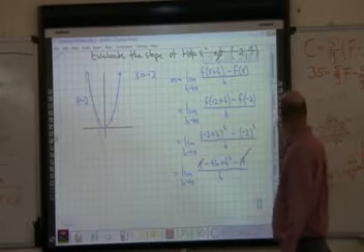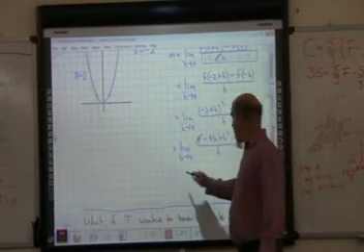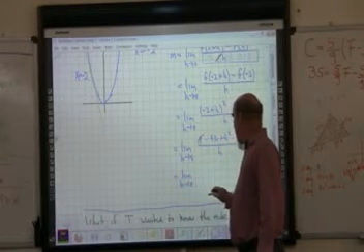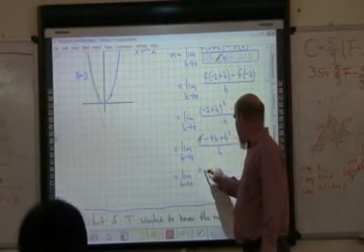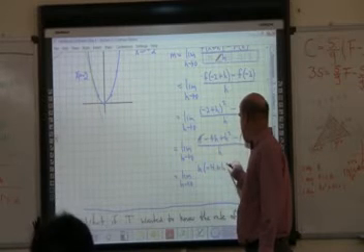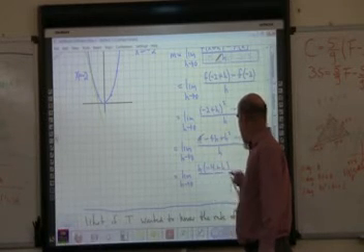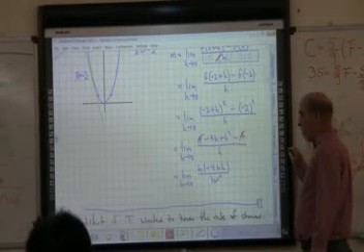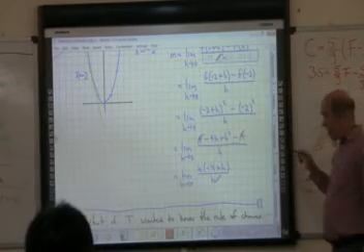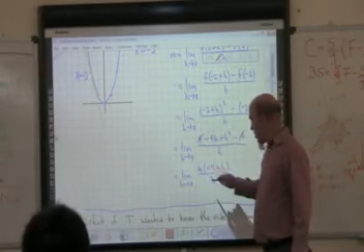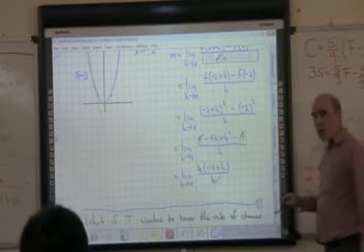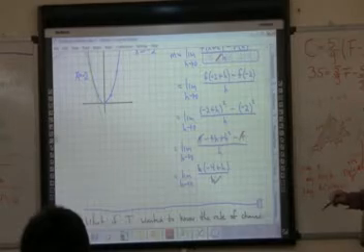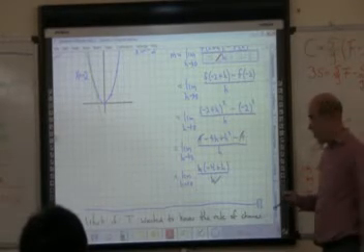So this becomes the limit as h approaches 0 of h times negative 4 plus h over h. Does everybody follow that? Now I can reduce the h with the h, and now I can do direct substitution. Put in a 0 for h. What do I get? Negative 4.